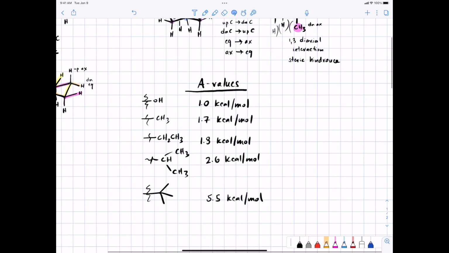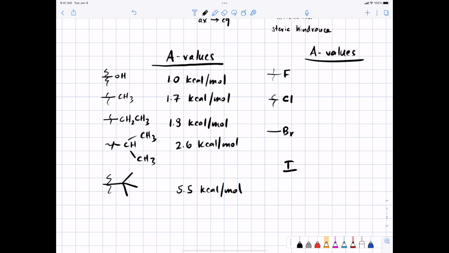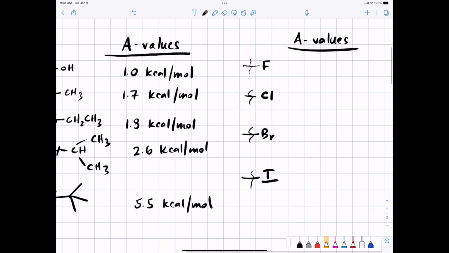Now, there's another interesting and somewhat counterintuitive trend that's worth talking about just a little bit with cyclohexane rings, and we'll do the halide series, F, Cl, Br, and I. You know that I is bigger, and yet, watch the trend in A values.